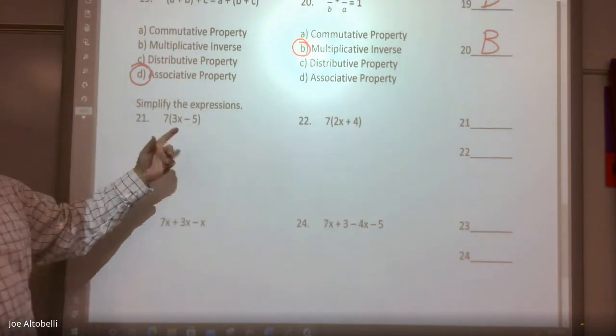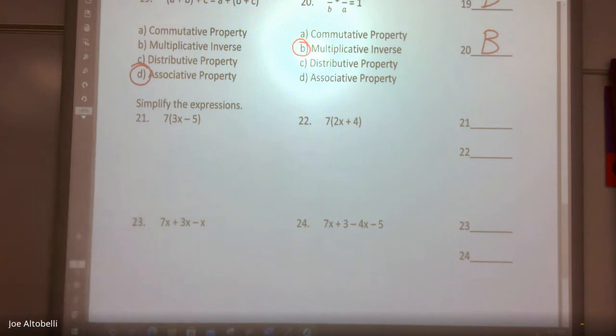21, 22, distributive property. Go ahead, do number 21. You're simplifying the expression. That means you're going to get rid of the parentheses and combine like terms if you have them.